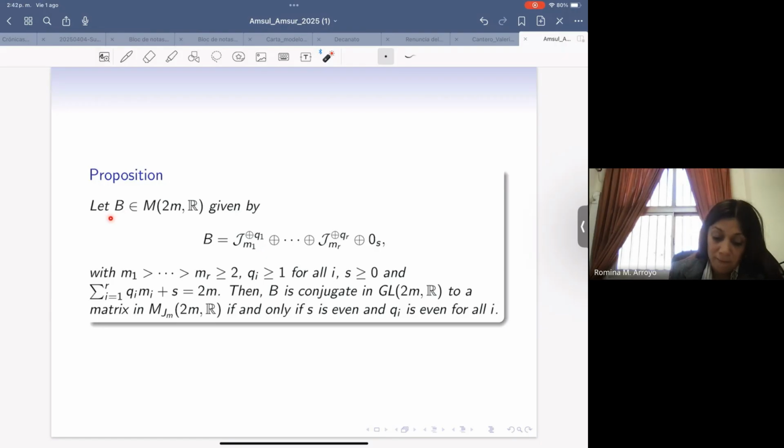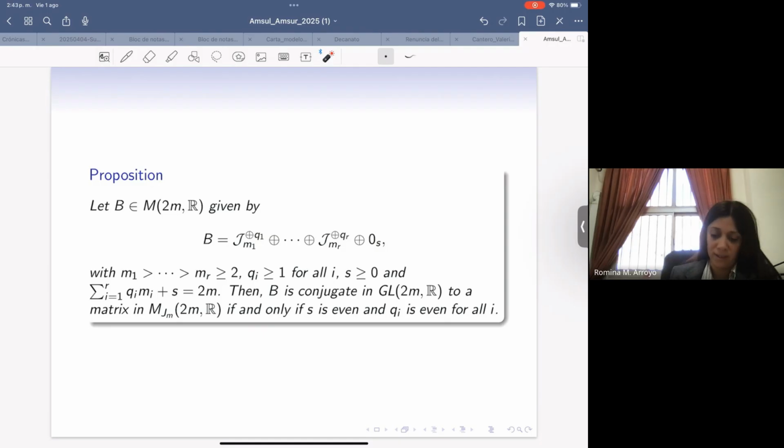So if you take a B written in the Jordan normal form like this, then this capital B is conjugate to a matrix in that set, the set that we want to study, if and only if s, that is the size of the big zero, and the q_i, which are the exponents of the blocks, all of them are even.